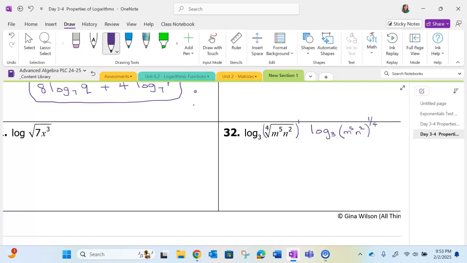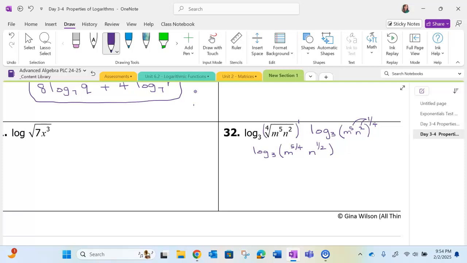And now it looks like a problem that we just did, where you can multiply on both of those. So it becomes log base 3, 5 times 1/4 is m to the 5/4, and then 2 times 1/4 is n to the 1/2.